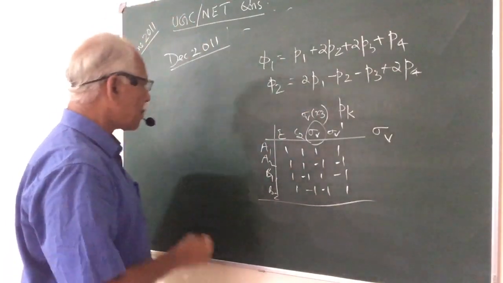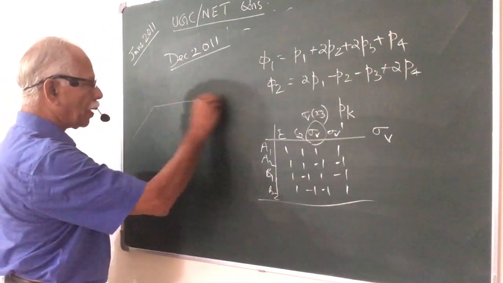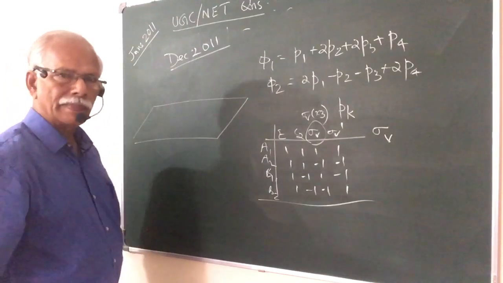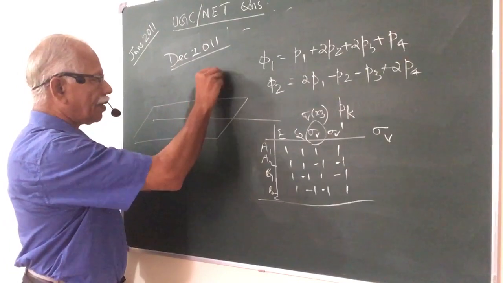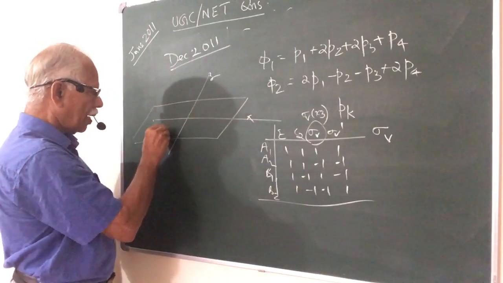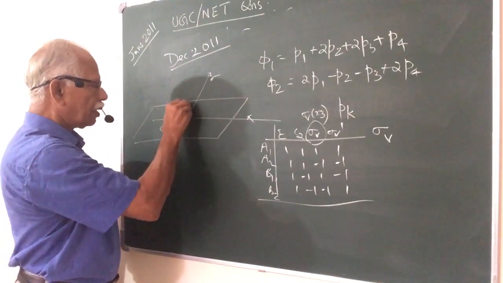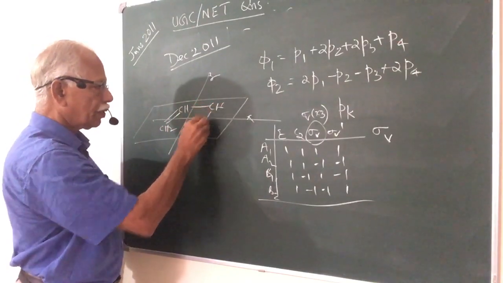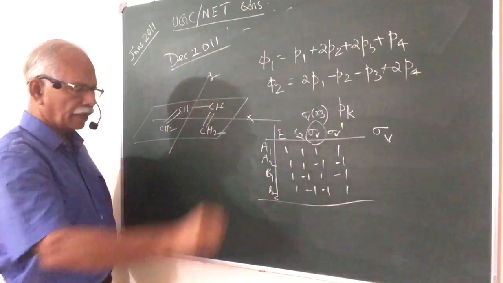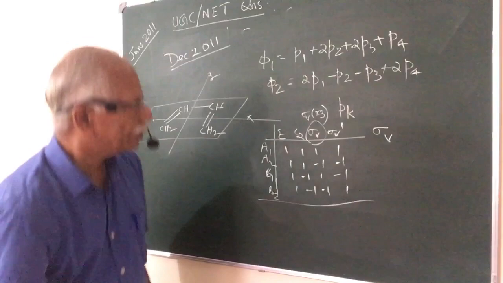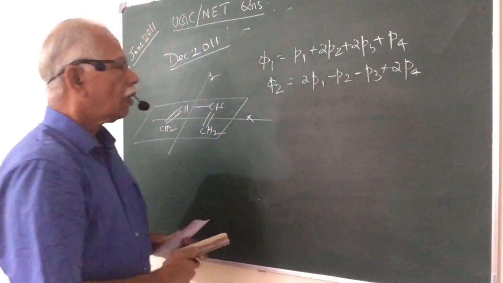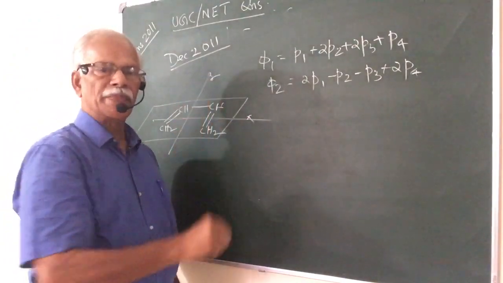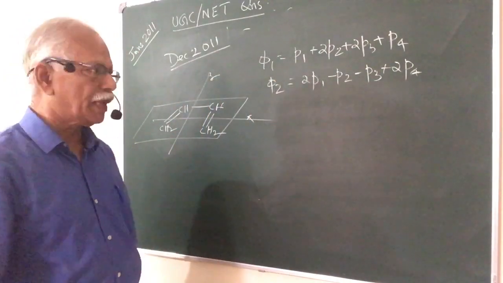We shall draw the molecular plane as z and x, and the butadiene molecule may be shown in the plane in such a manner. What will be the picture of phi1 in terms of the component p orbitals?